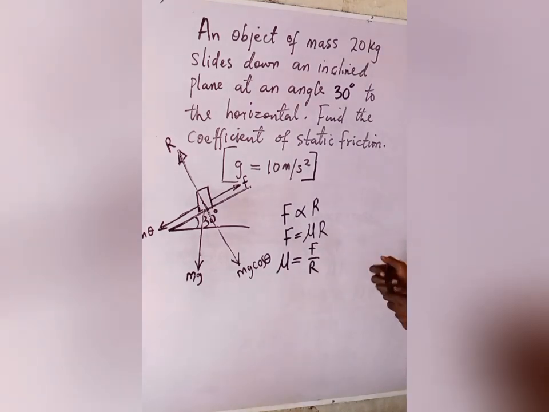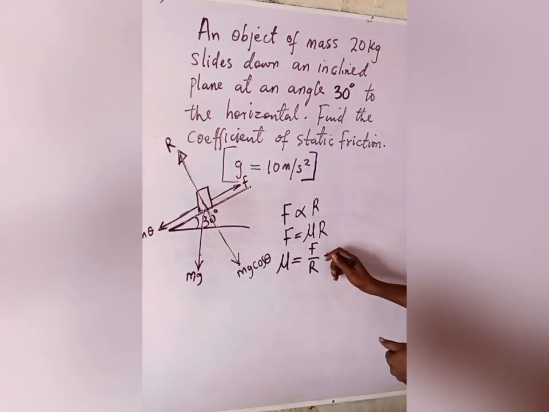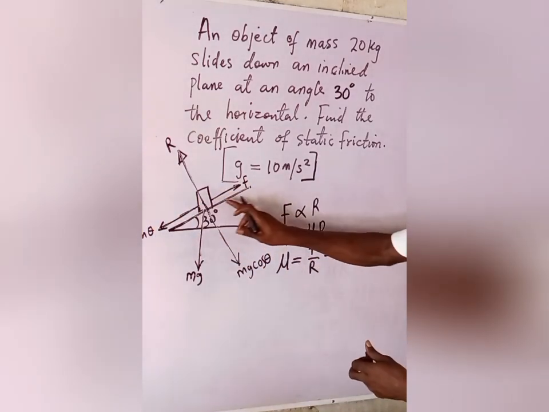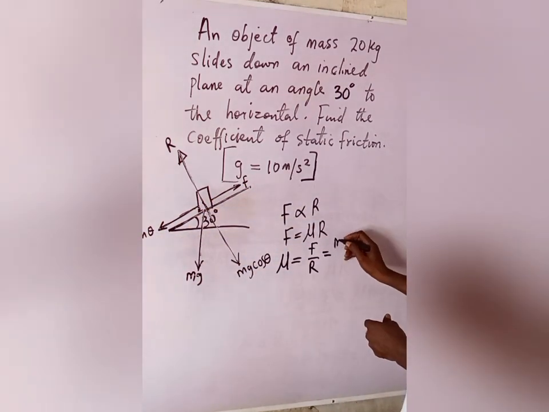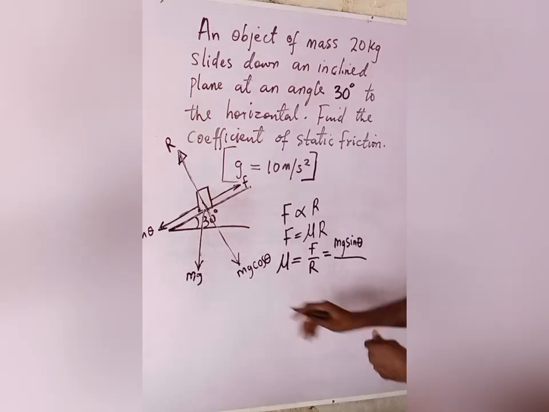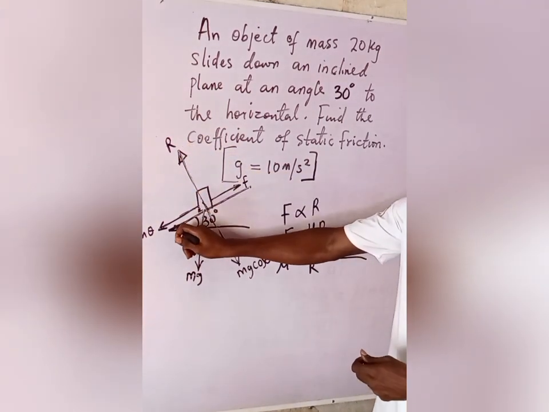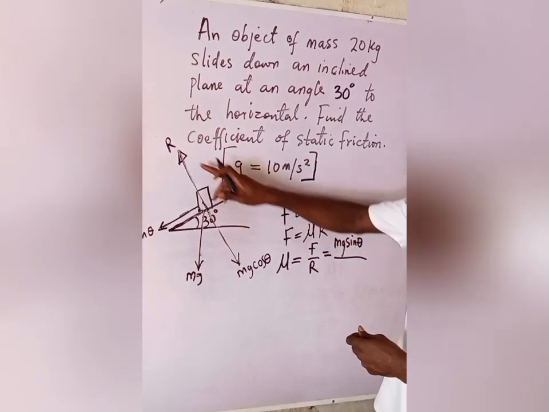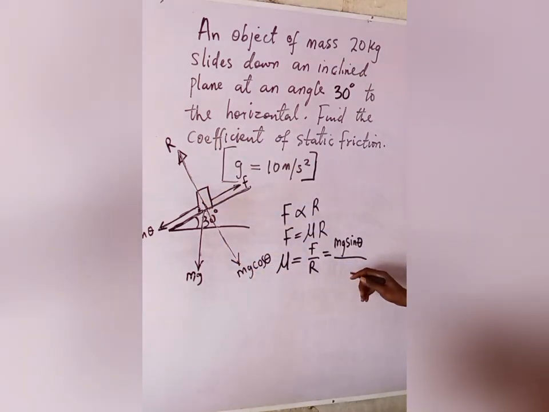So from this diagram, our F is equal to this part, all right? Which is mg sine theta, divided by our R. Look at the value of our R. That is the normal reaction, a force that is directly perpendicular to this plane. And you know that this reaction is equal to this other component here. So that reaction is equal to mg cos theta, all right?